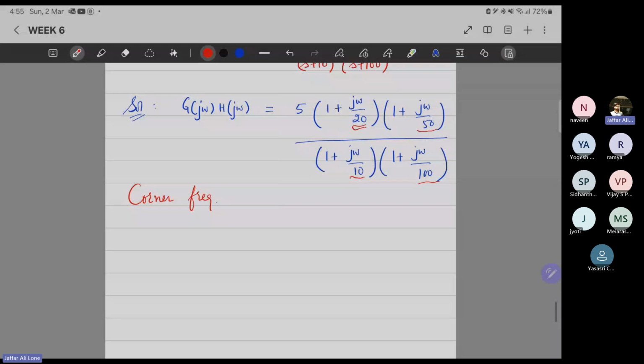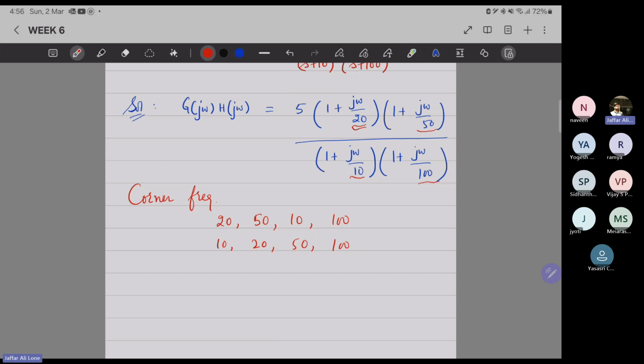So what are corner frequencies here? I'll write them. They are 20, 50, 10, and 100. And I'll write them in increasing order. It will be 10, 20, 50, 100. So what are these corner frequencies?